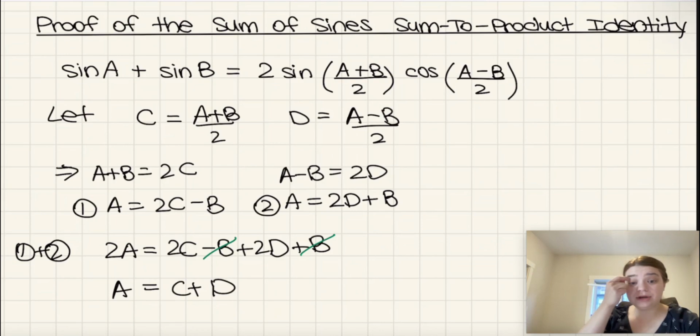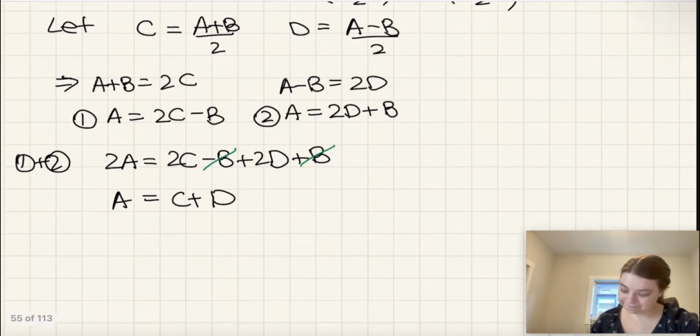Okay, now I'm going to do the same thing, except this time I want to solve both of them for B and then combine them, because I would like to find out what B is in terms of C and D. So let's do the same thing there. If we go back to equation 1, we could rewrite it. Actually, I'll say this is equation 3.